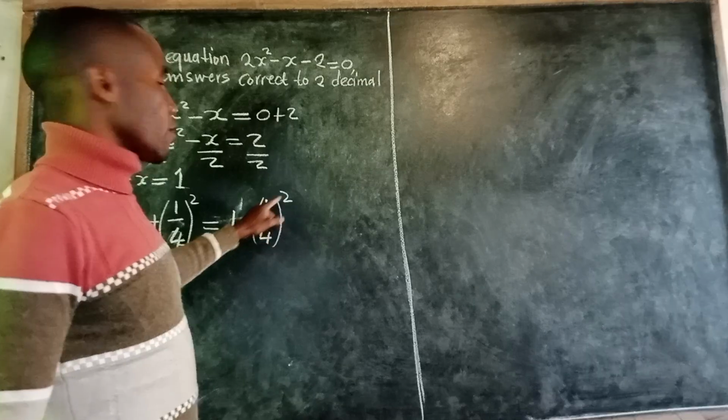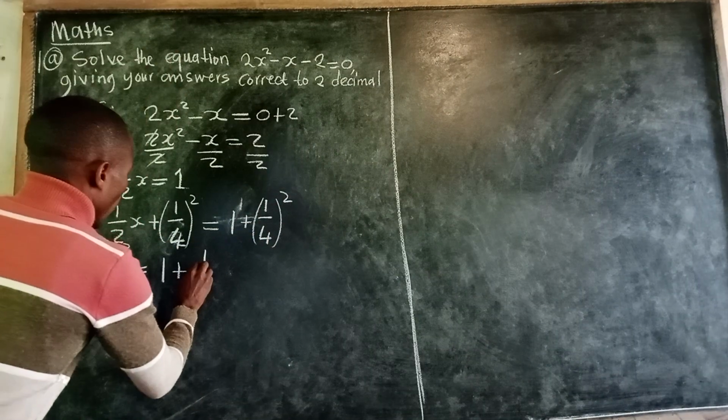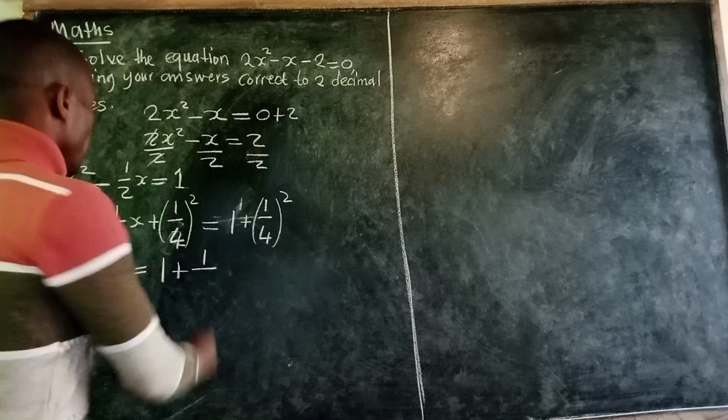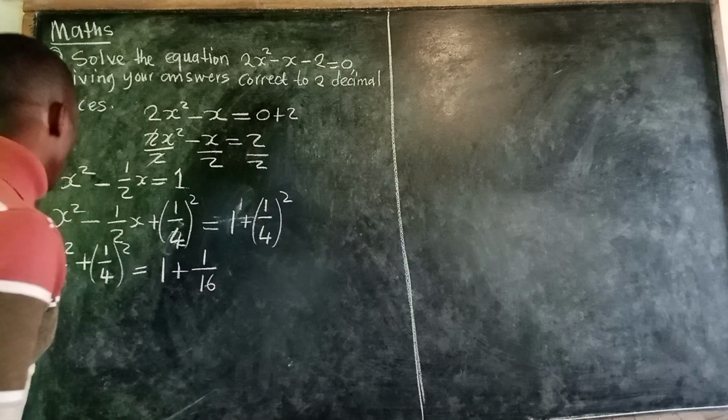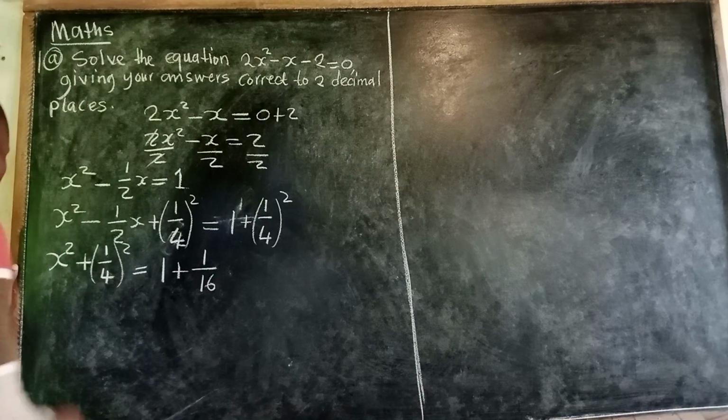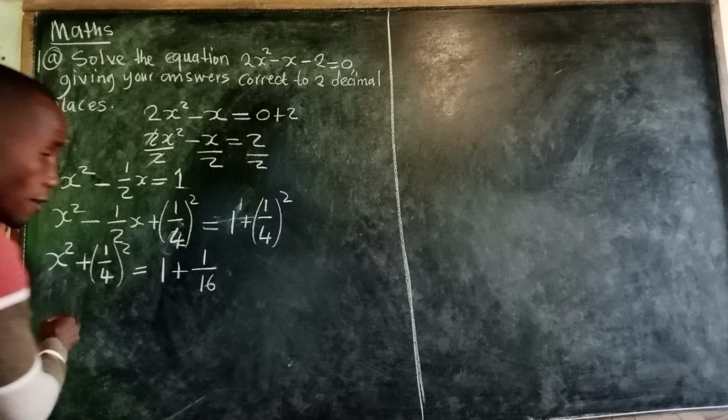So this is 1 squared, the answer is 1, over 4 squared, the answer is 16. So we have 16 there. Then from there, we come back to this side, which is our left-hand side.